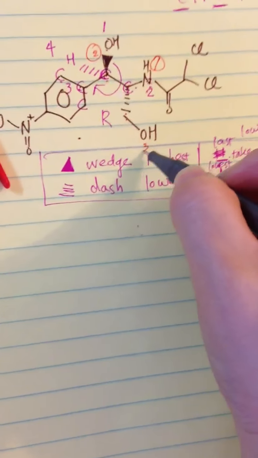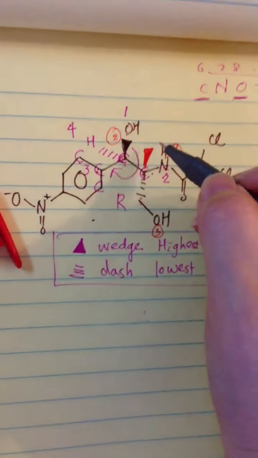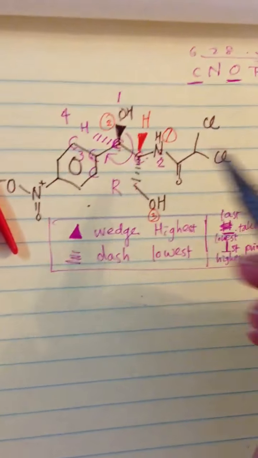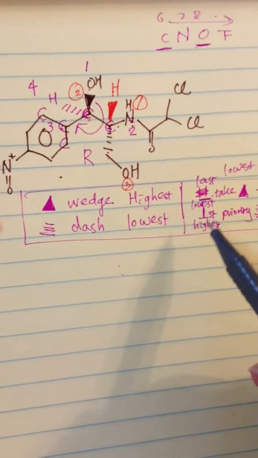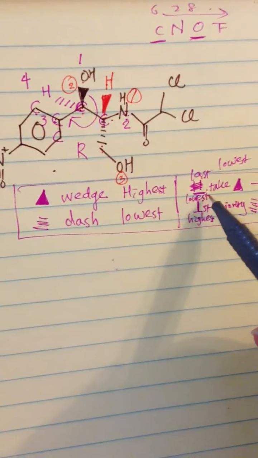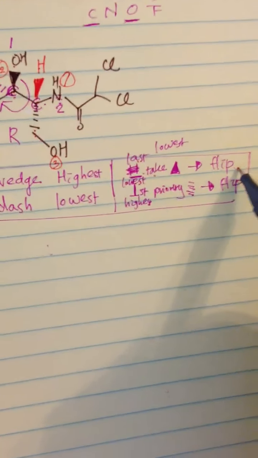Now this is atom number 3. Your wedge is not shown. What is the wedge right now? The hydrogen is always hidden. You can say this is your hydrogen. So this is the first case that I told you: if your lowest priority atom takes over the wedge, you need to flip, right?